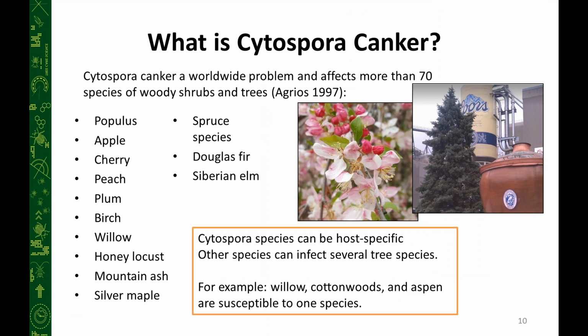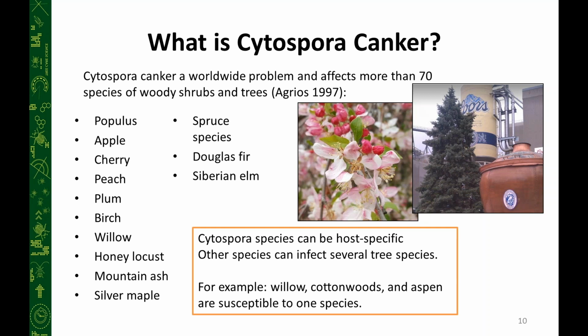As I mentioned, Cytospora Canker can be several different species of fungi attacking a large host range of woody ornamentals. It's known on more than 70 different species of woody ornamentals, from aspens to Rosaceae family trees like apple, cherry, peach, plum, and mountain ash, as well as honey locust, willow, and birch.